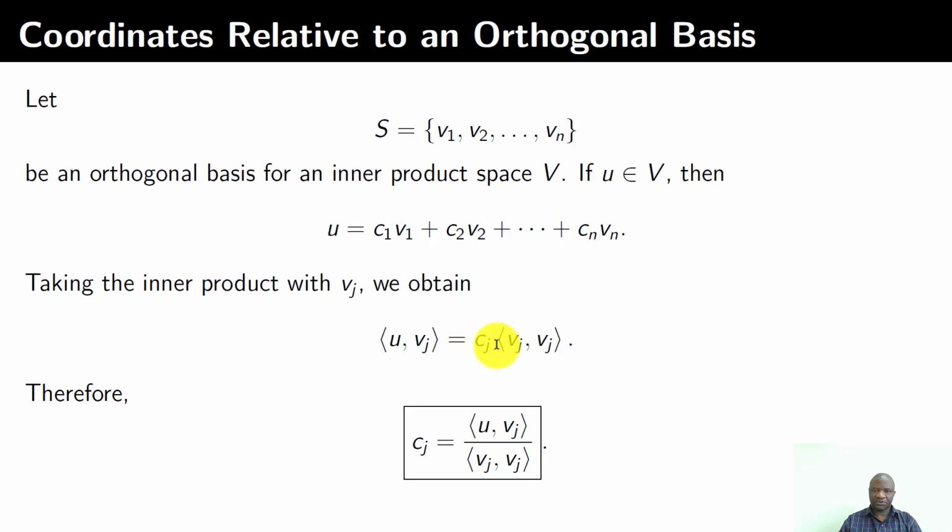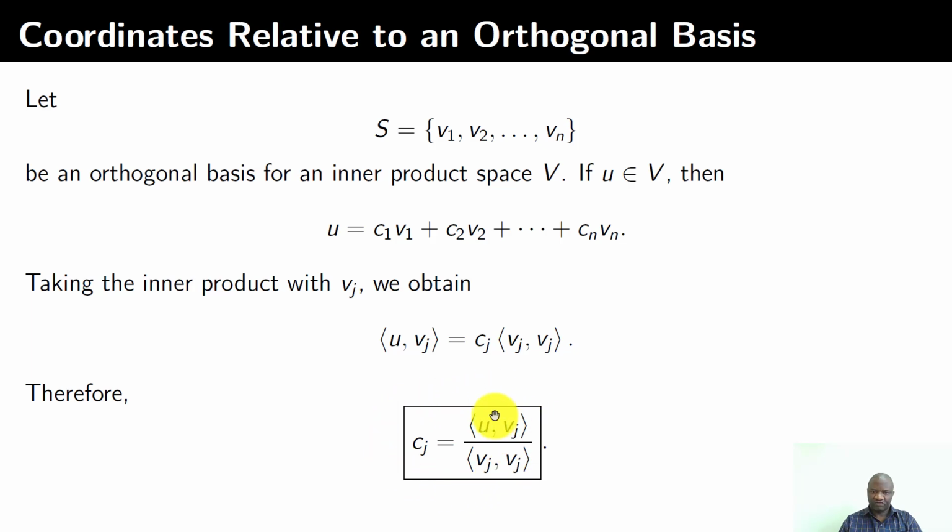This can be deduced to be equal to some constant cj times the inner product of vj, vj. Therefore, if you make cj the subject, cj is equal to the inner product of u and vj divided by the inner product of vj, vj.